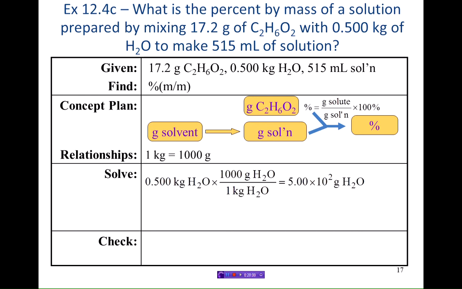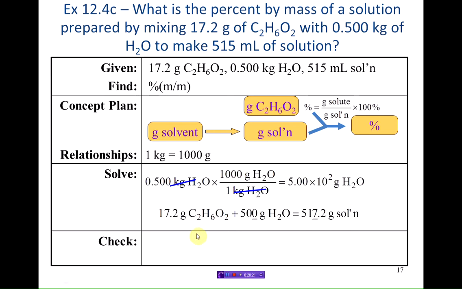So those kilograms cancel out, we're in units of gram. And we're going to add our mass of our solvent, so that 500 grams of water, and the mass of the solute, so that's 17.2 grams of our solute.